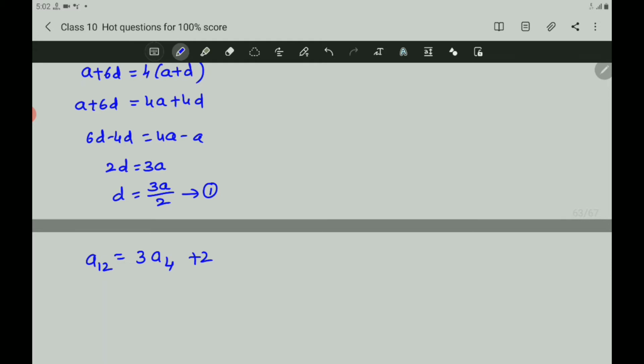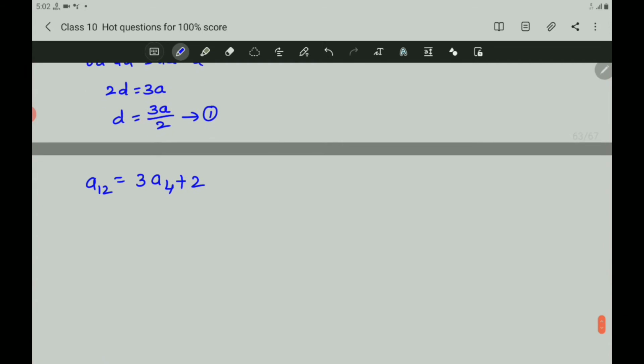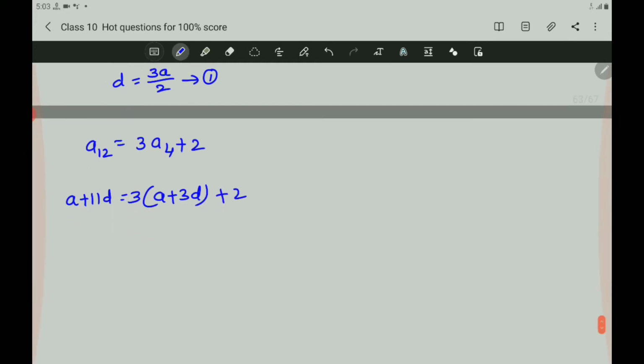So the relation becomes A12 equals 3 into A4 plus 2. Then A12 is A plus 11D, equals 3 into A4, which is A plus 3D, plus 2.